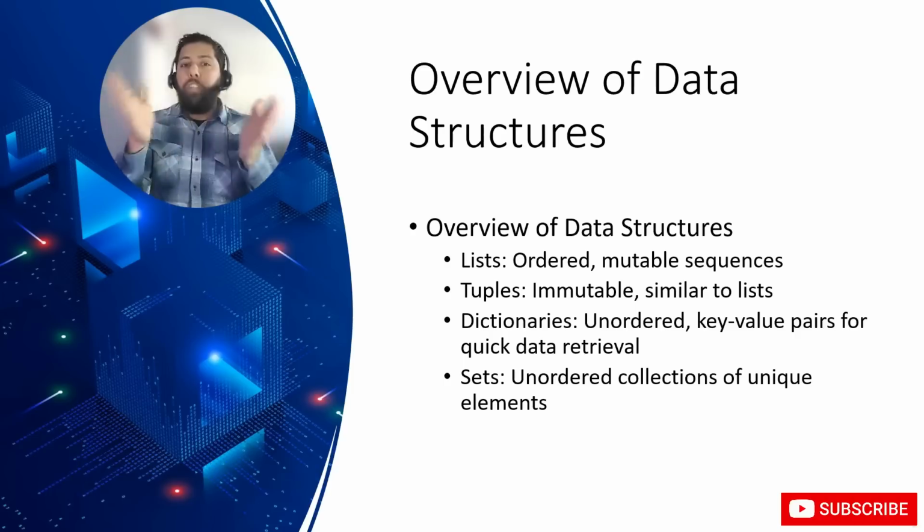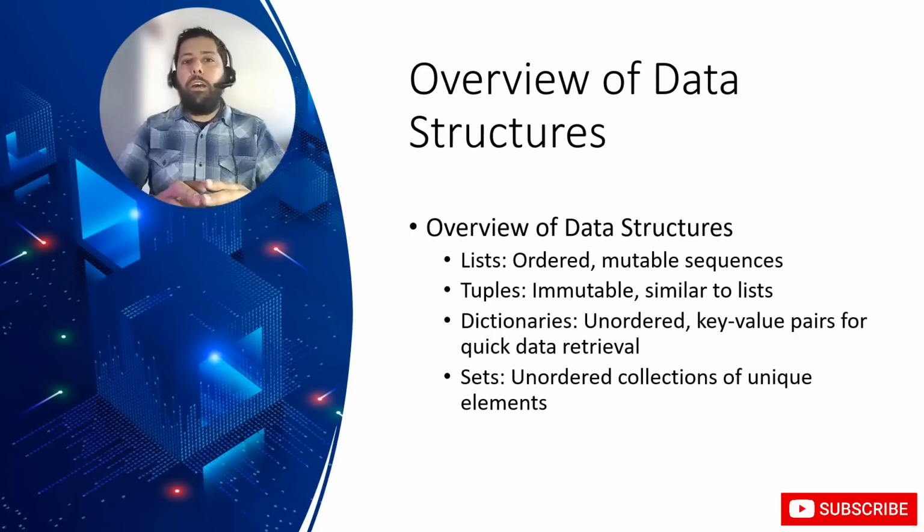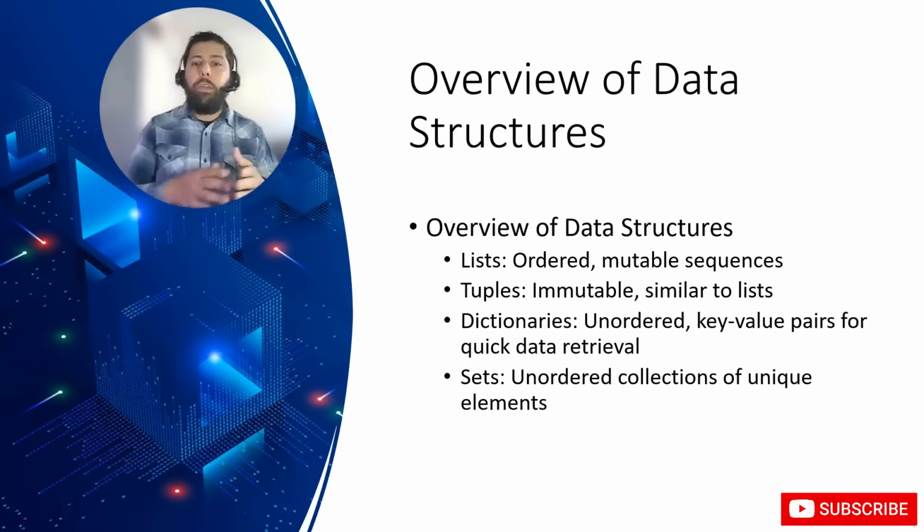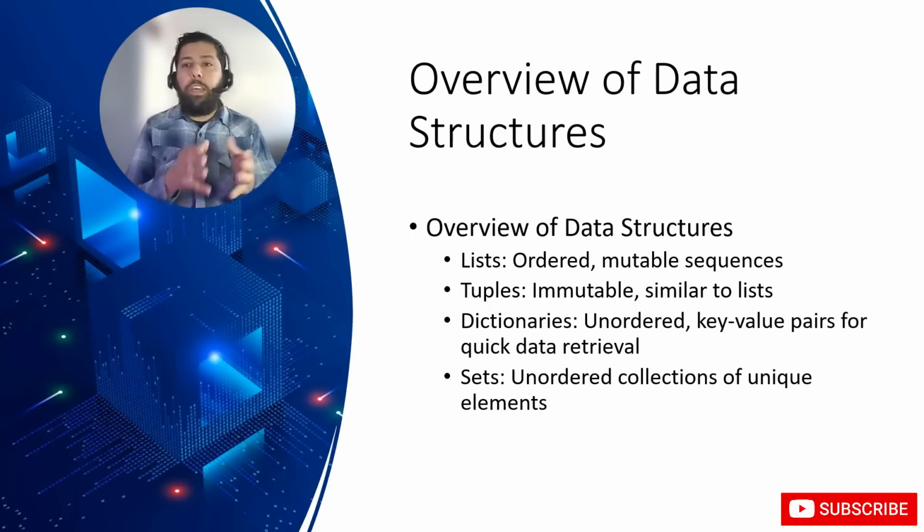Whereas tuples are different. They're immutable, and that means the opposite. It means that you can't change the data within that list. So basically a tuple is like a list, and the only difference is you can't change the data in there. There's good reasons why you would use a list over a tuple, which we'll talk about.